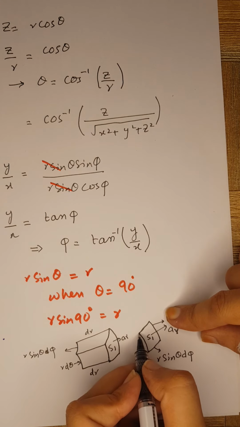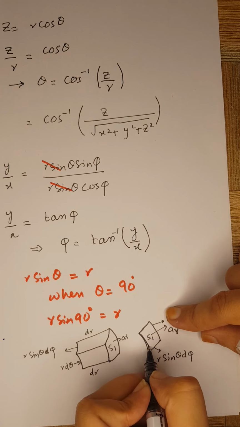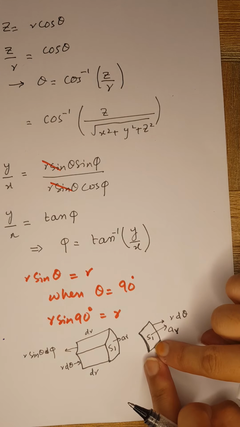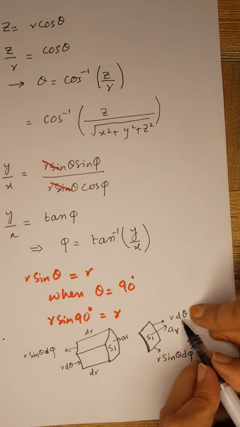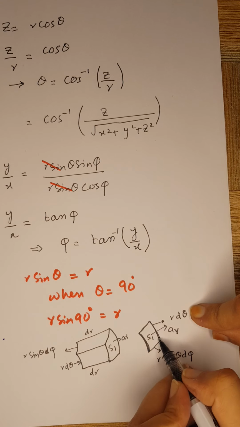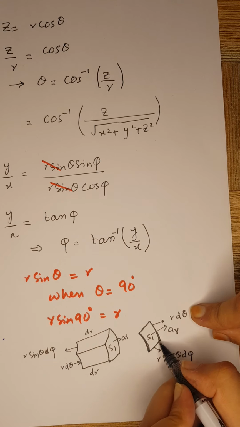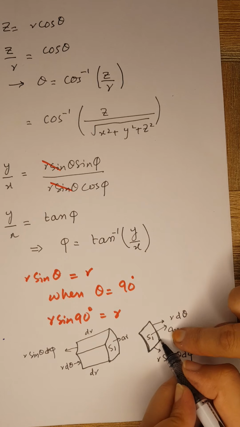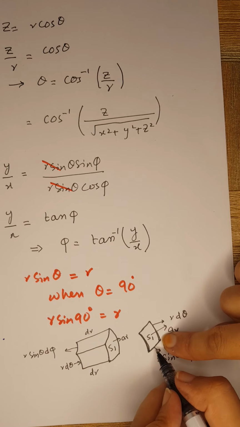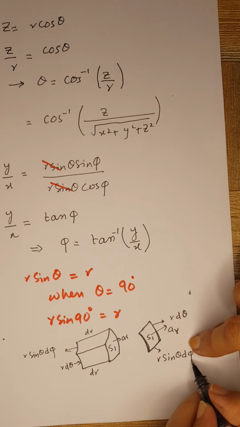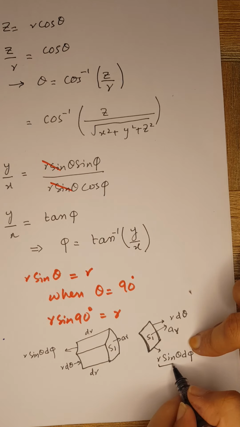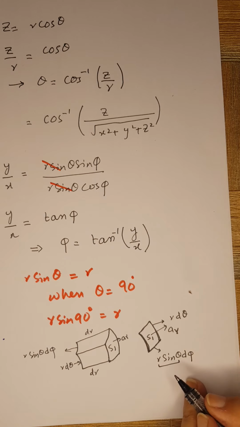We know that this vertical increment, or change in theta, has a length equal to the arc, which is r d theta. This is also the length with the change in phi, and we know that this is because of the radial component r sine theta and then the change in phi. So the length of this line is r sine theta, which was the radius of the disc.